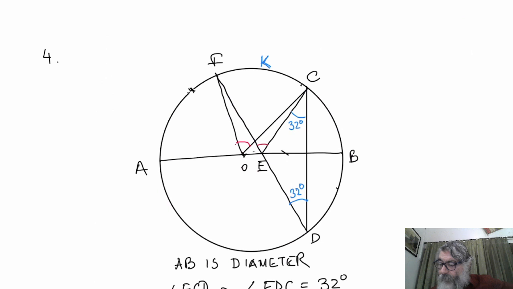This arc, let me hash it. This arc FKC is making an angle FOC at the center, and the same arc FC is making an angle FDC at the remaining part of the circumference.